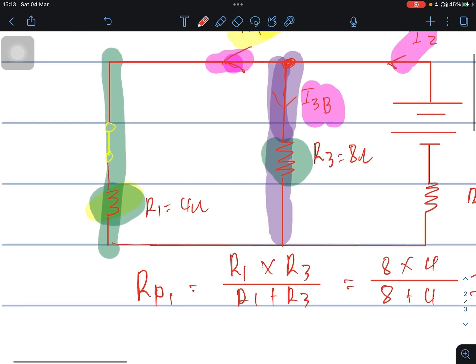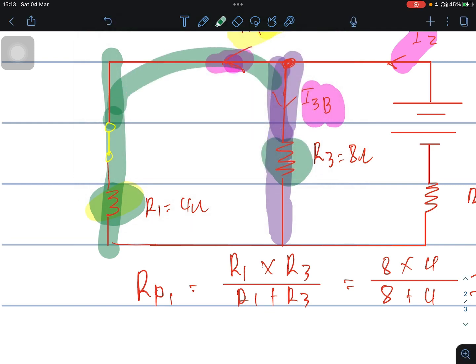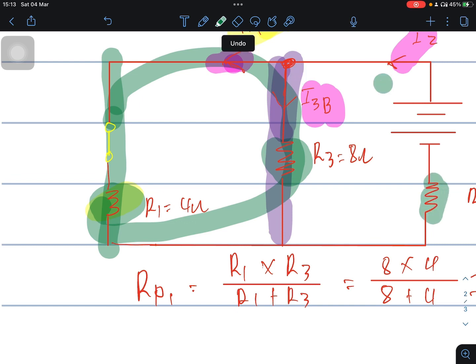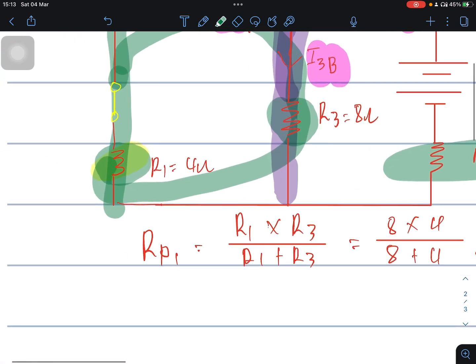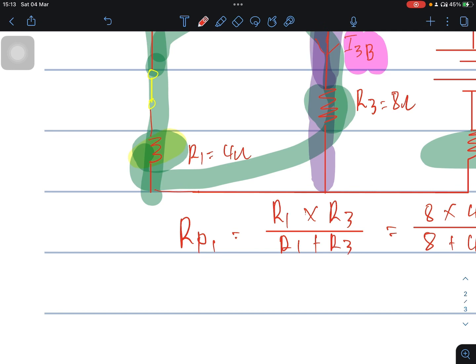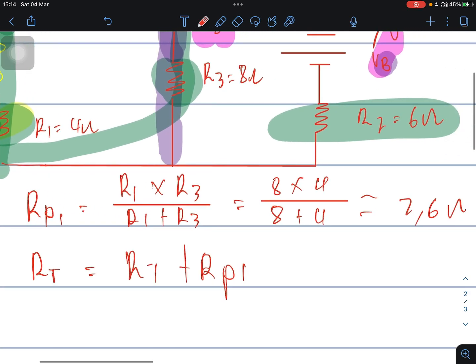Remember, we haven't finished. We have calculated this parallel combination, and it is in series with resistor R2. So R total is R2 plus R parallel 1.